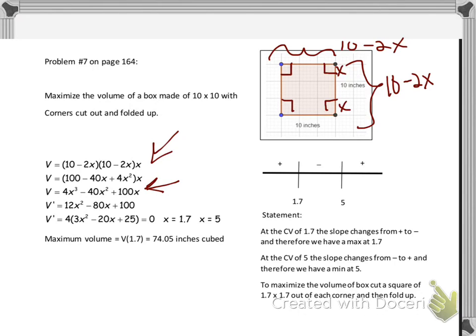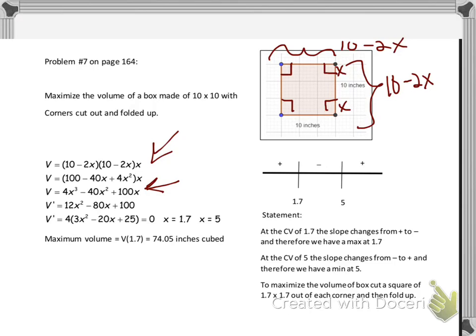In this situation, I ended up having to do the quadratic formula, or you can use your graphing calculator and get your roots of the first derivative, because that's what I'm looking for, where it goes to 0, where it crosses the x-axis. So I have two roots. One's a 1.7 and one's a 5.